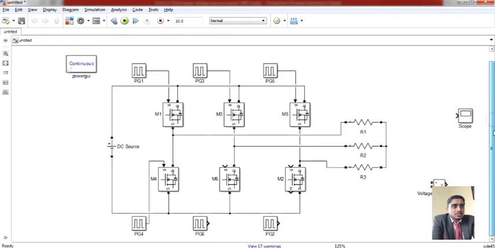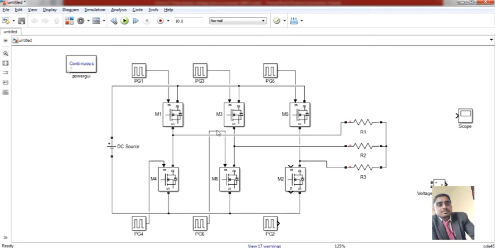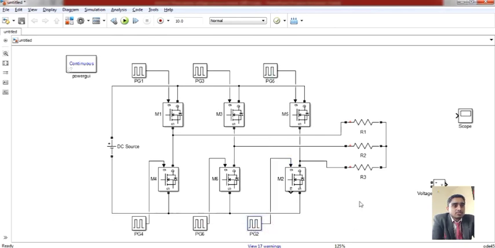And I will change its name to load voltage. So I will copy and paste it and connect it across R1 and R2 to measure the phase voltage.